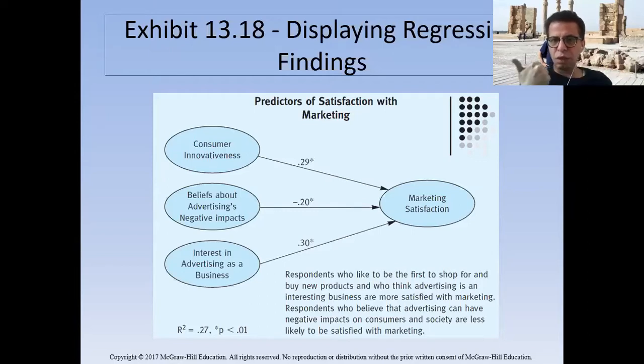There is not one thing that will drive satisfaction. It could be consumer innovativeness, belief about advertising, negative impact, interest in advertising in a business. If all three reach a certain level, they might create satisfaction.